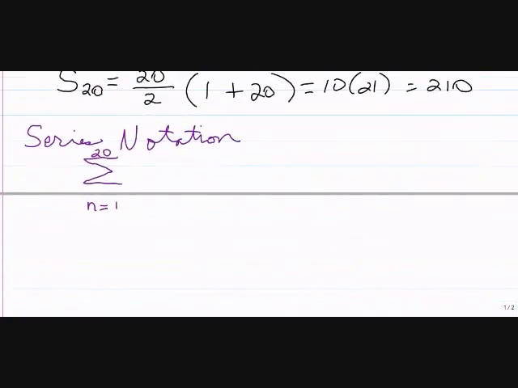So in my series notation, I'll put that formula. And you often want to use parentheses to make sure, because you can do operations outside of that sequence. So that stands for 1 plus 2 plus 3 plus 4 plus all the way up to 20.